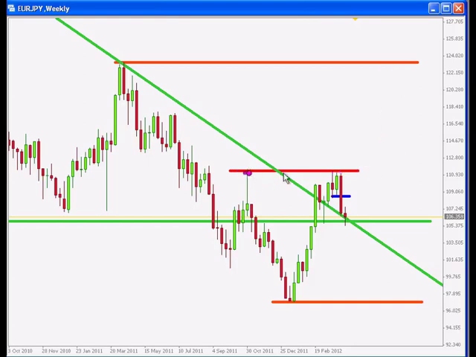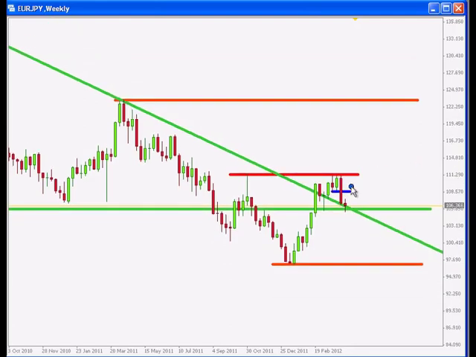Once price breaks free from that area of resistance, there is absolutely no further level of support and resistance that may meddle at all with any long trade, with any buy opportunity we may signal from our trading system.